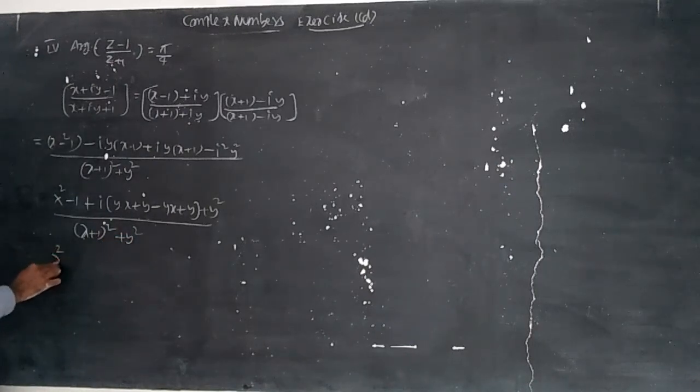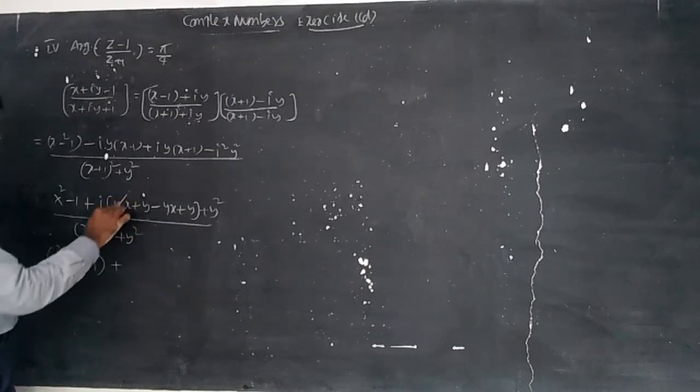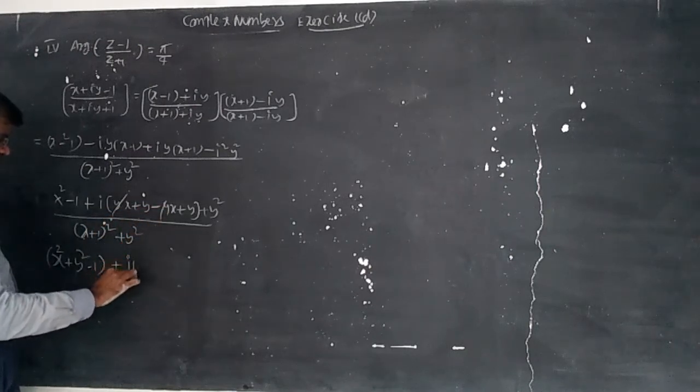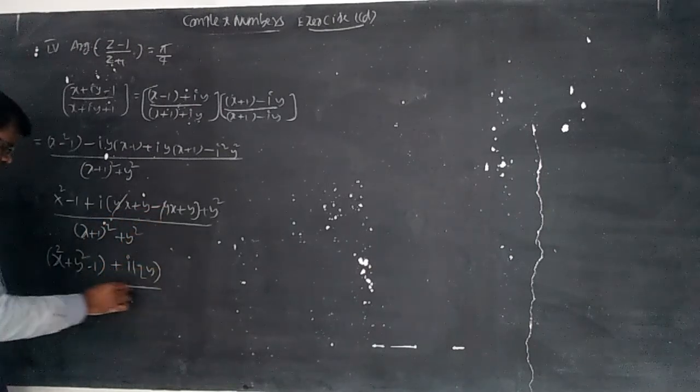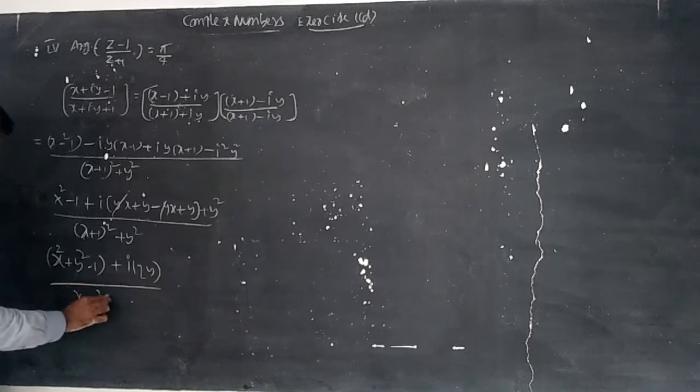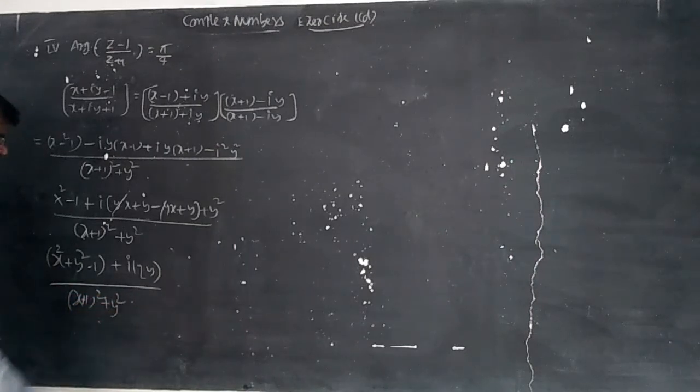Now here x square plus y square minus 1 within brackets, plus xy get cancelled. i into 2y whole by (x plus 1) whole square plus y square.